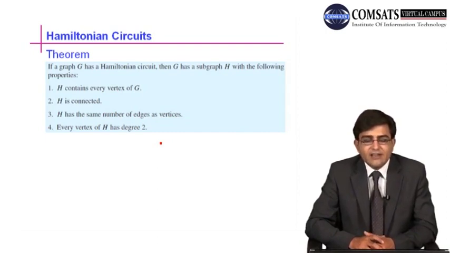H has the same number of edges as vertices. This is an important condition, we'll discuss it in the example. The fourth condition is that every vertex of H has degree 2. This is another important condition we shall discuss in constructing Hamiltonian circuits.